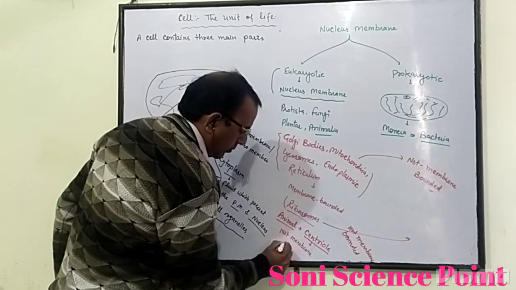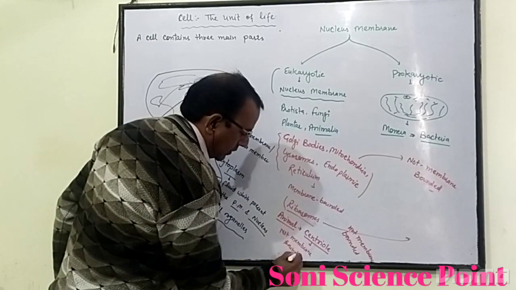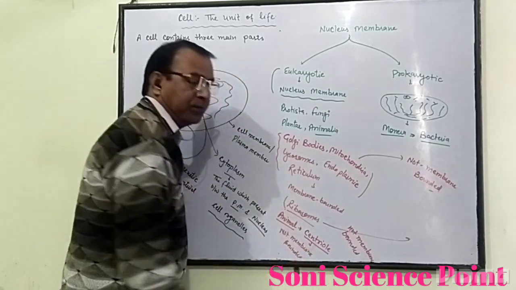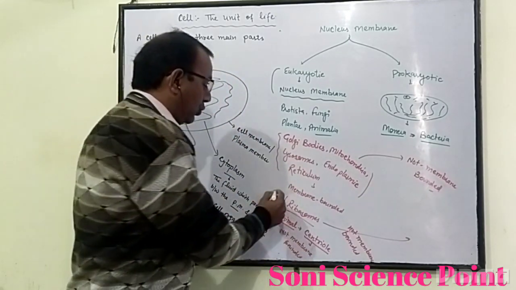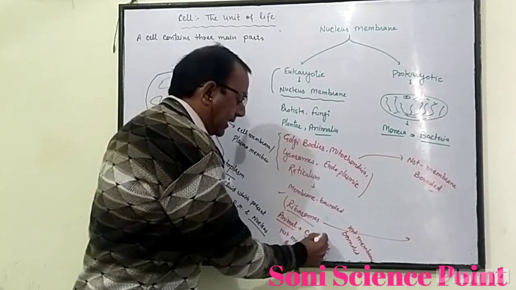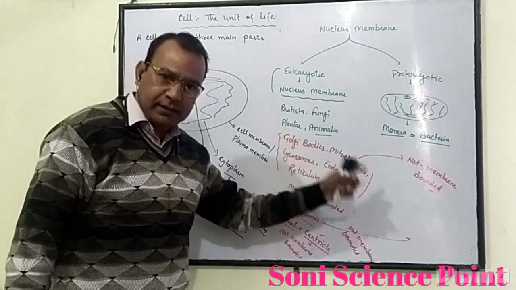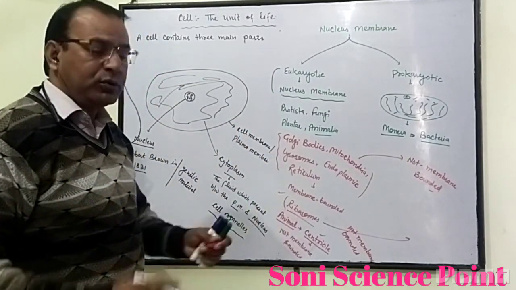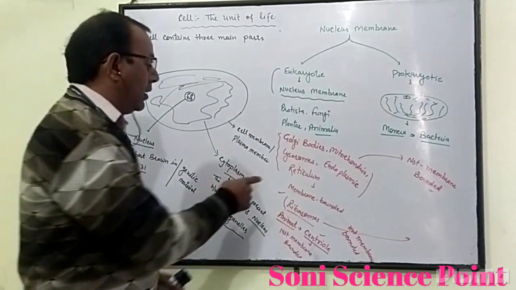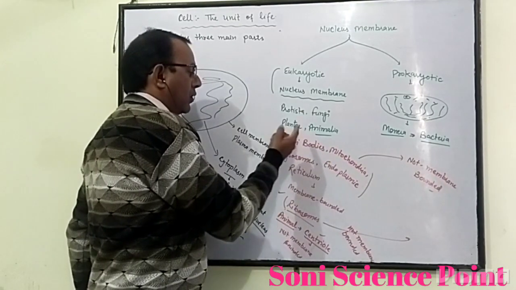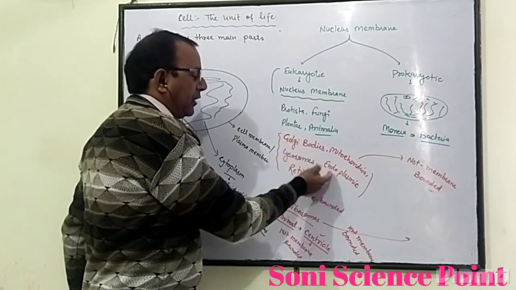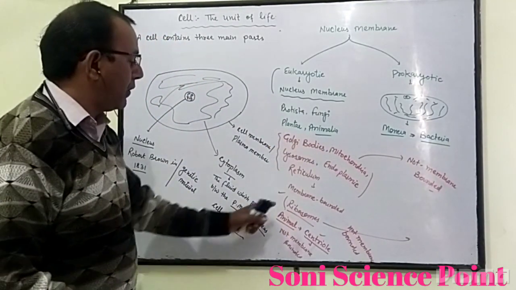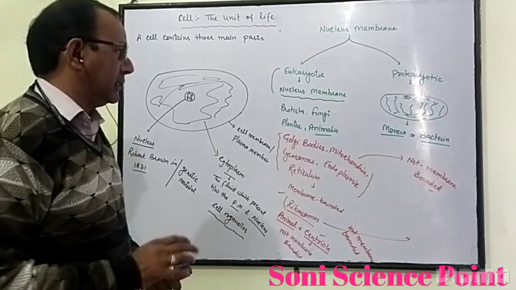So if the cell is animal, then we can say there are two non-membrane bounded organelles, ribosome and centriole. And if it is a plant cell, then only ribosomes. Ribosomes are also found on mitochondria, Golgi body, as well as endoplasmic reticulum. They are also found on these cell organelles.